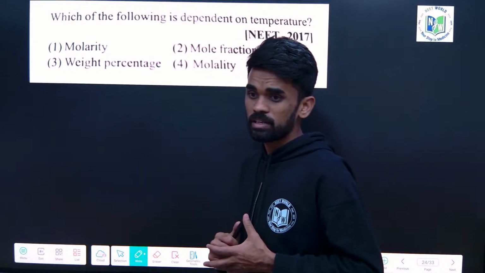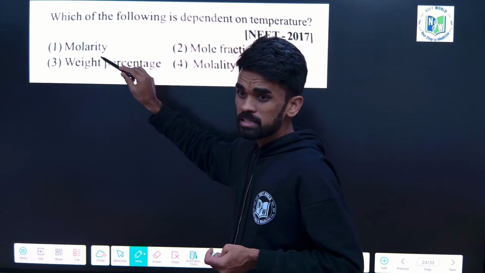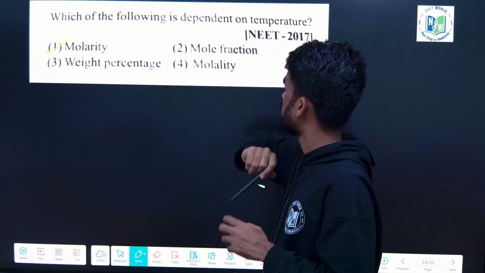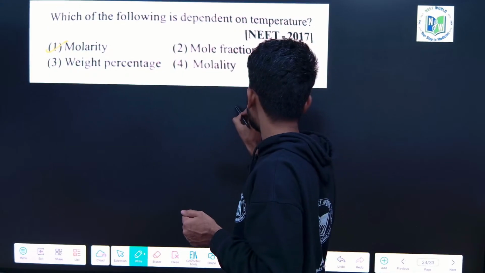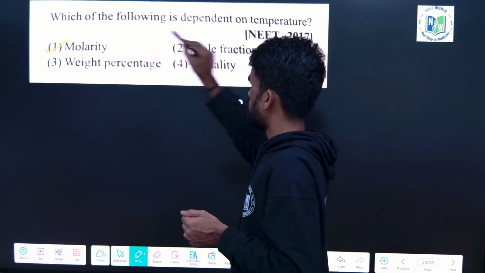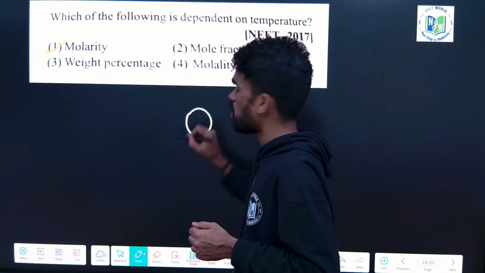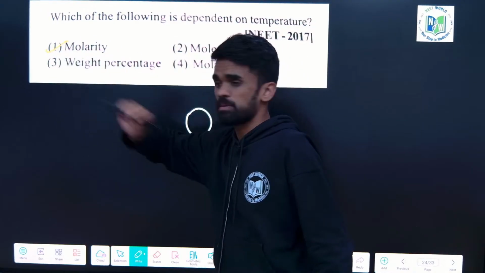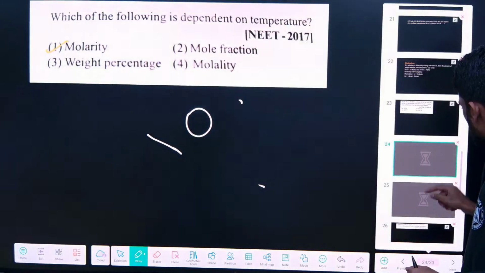Molarity is temperature dependent. I told you, if any term has a volume term involved in it, that is temperature dependent. So only molarity is temperature dependent, the other things are independent.